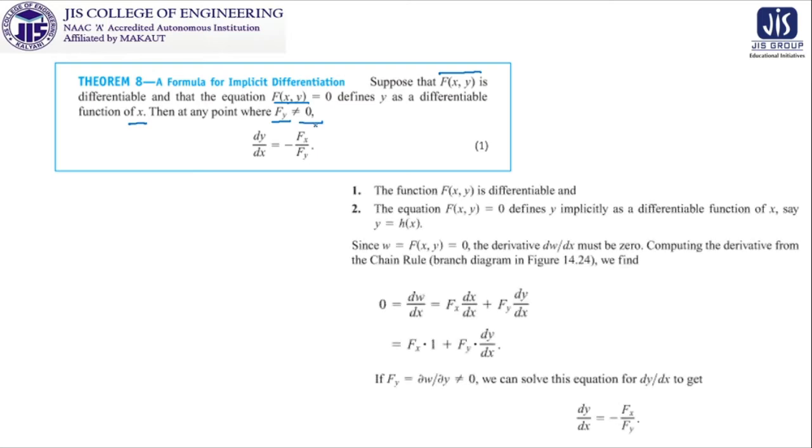Now there are some points to be mentioned: the function f(x,y) is differentiable and the equation f(x,y) equals 0 defines y implicitly as a differentiable function of x. Let us take this expression as y equals h(x). Now since f(x,y) equals 0, according to the definition of implicit differentiation, since w equals f(x,y) equals 0, then the derivative dw/dx, look at this, w is a function of x and y, where y is a function of x, so we can differentiate w with respect to x, so dw/dx must be 0.